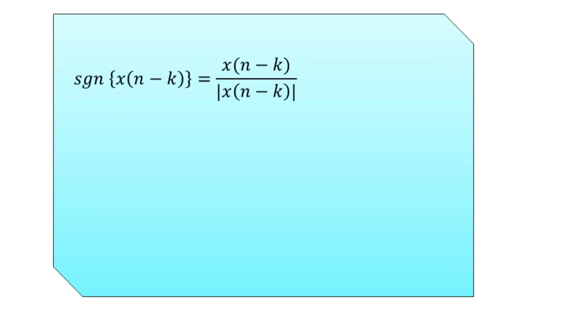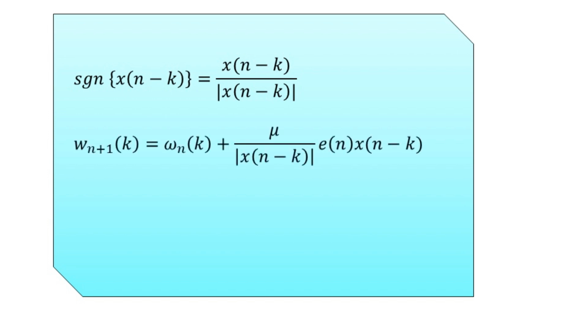So, as in the normalized LMS algorithm, where the weight vector is normalized by the squared norm of x of n, the sign data algorithm individually normalizes each coefficient of the weight vector. Therefore, the sign data algorithm can be rewritten as w_{n+1} of k equal to w_n of k plus mu divided by the modulus of x of n minus k.